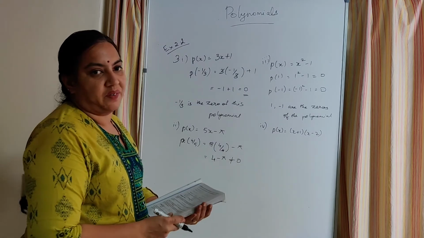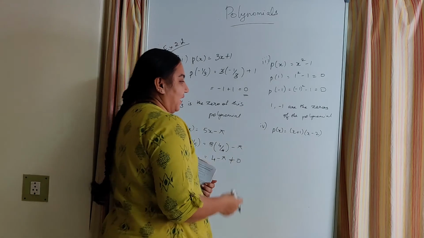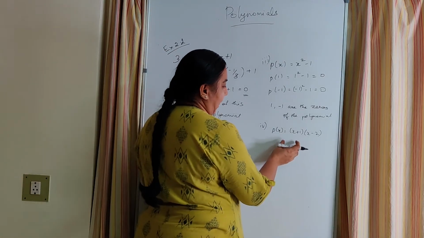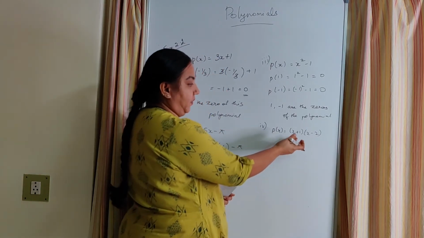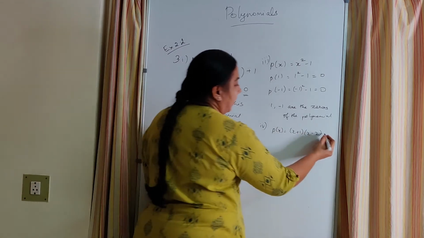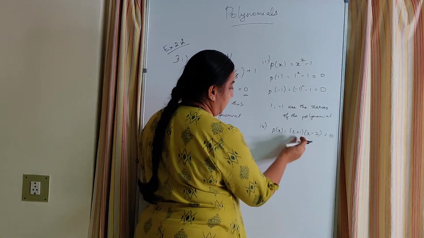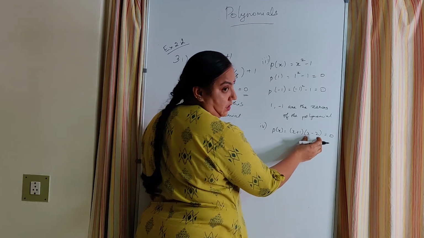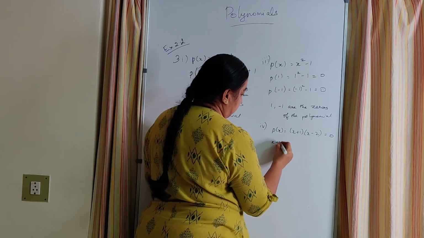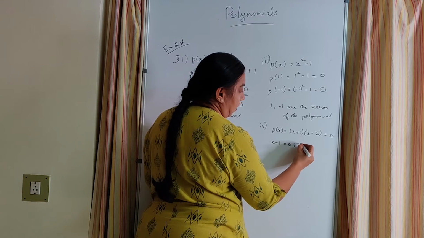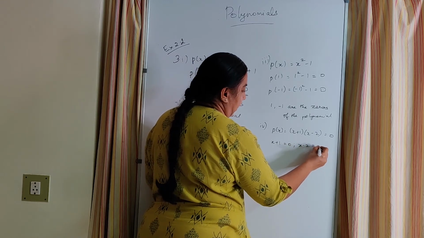See, already they have factorized the polynomial. They are given the factors only. If it has to be 0, then what does it mean? This term can be 0 or this term can be 0. X plus 1 can be a 0 or x minus 2 can be a 0.